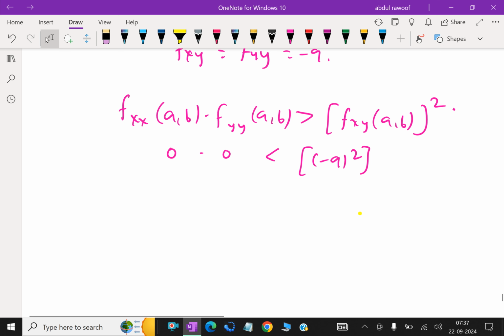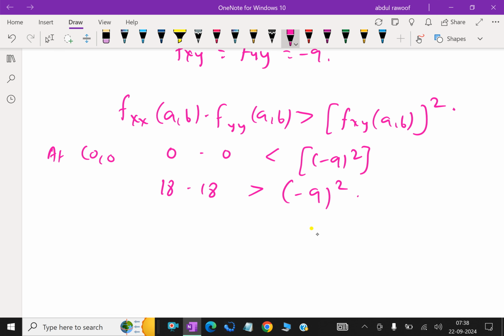Next, at (1, 1), 18 into 18 is greater than minus 9 squared, which is 81, since 18 into 18 is more than 81. So these are the conditions at (0, 0) and at (1, 1).